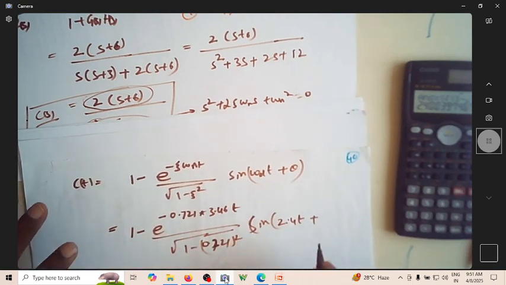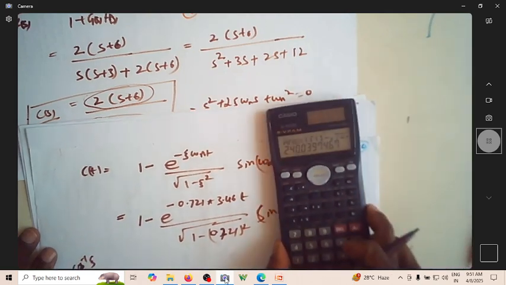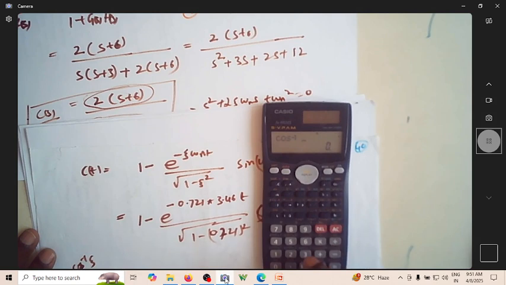We know that theta is cos inverse of zeta, as we learned previously. So what is cos inverse of 0.721? It is this much angle, which is 43.86 degrees.